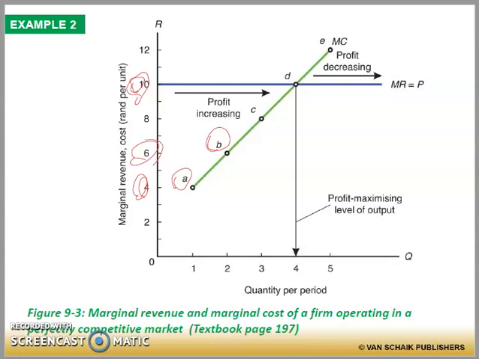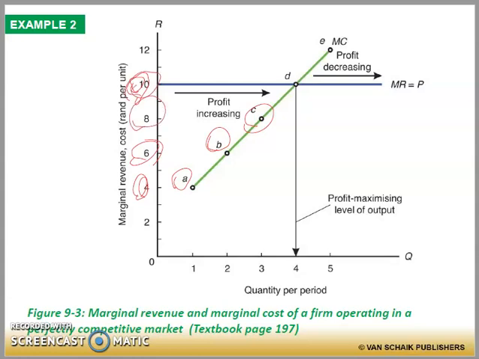So point C shows the production of the third unit cost. That's point C, which is 8 rand. So it can be sold for 10 rand, and the firm will therefore add to its profit by producing the third unit. So the extra profit will now be 2 rand, which is the difference between 10 rand and 8 rand.